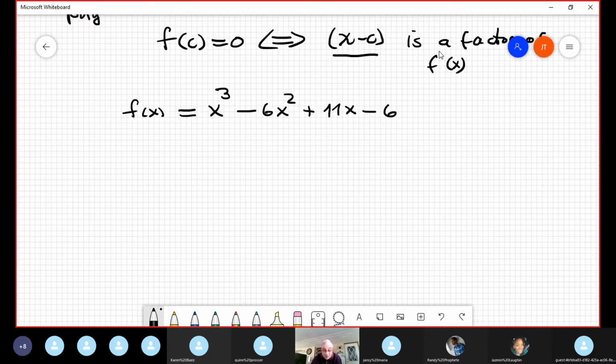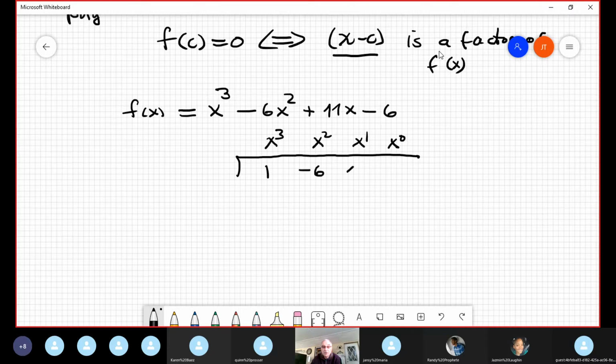But I want to explain after what is the smart way of guessing. At this moment, I don't know the theoretical part. And you apply synthetic division several times. Let me organize in the format of synthetic division: x to the 0, x to the 1, x to the second, x to the third. The coefficients are 1, minus 6, 11 and negative 6, no?